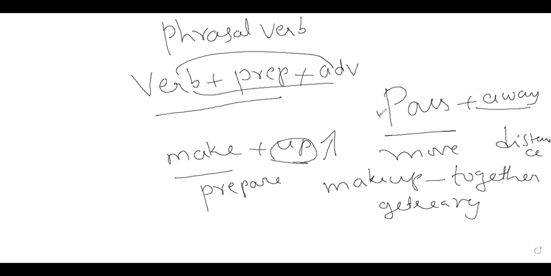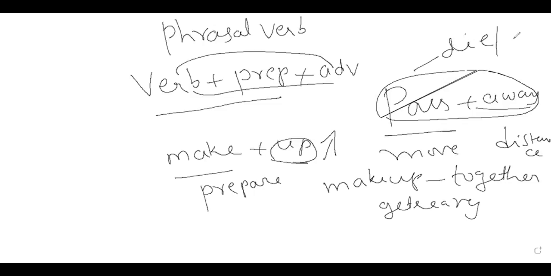But if you look at the phrasal verb pass away, it means die or dead. So if I say somebody passed away, that means someone died. So we should not get confused between the phrasal verbs and the verbs with the prepositions which we use. That's the one thing we have to be a little careful about.